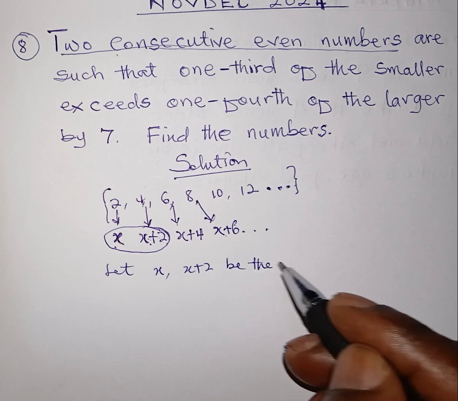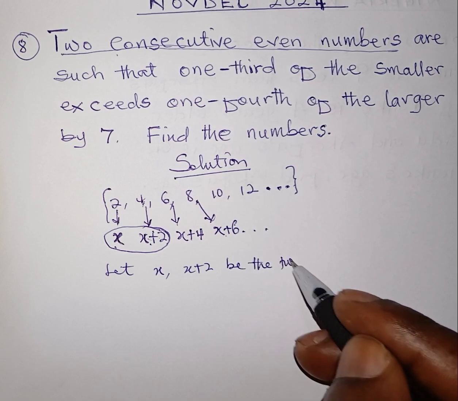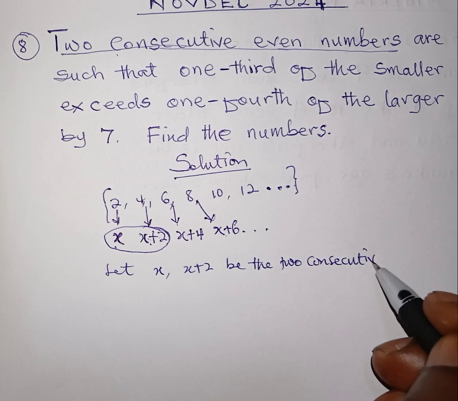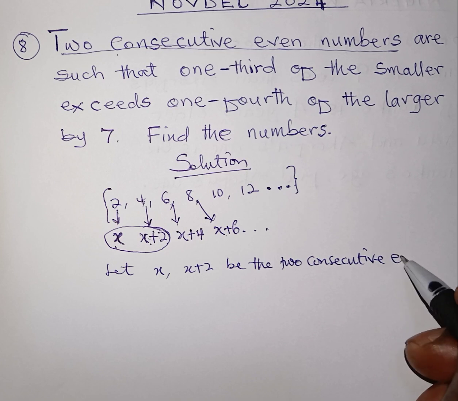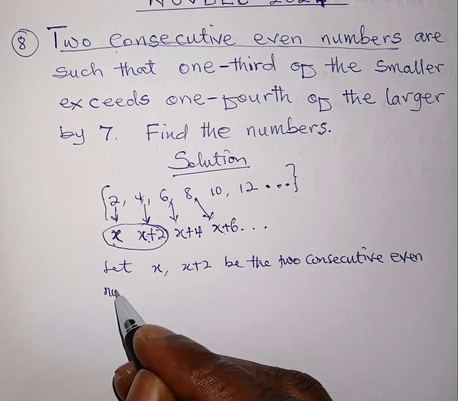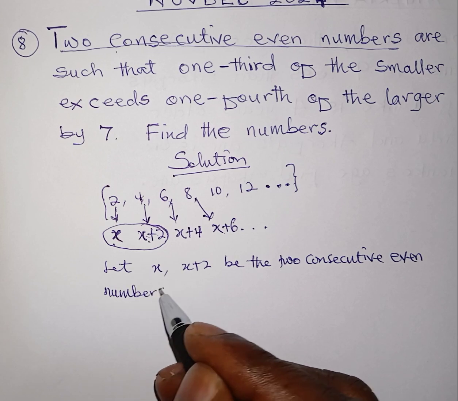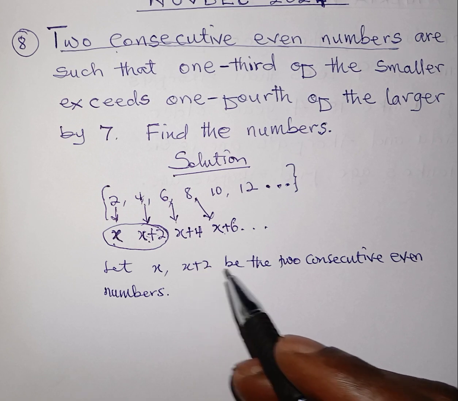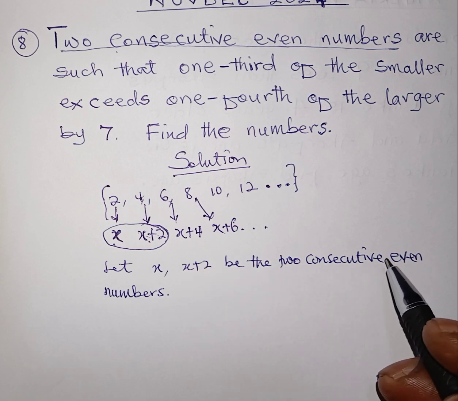The 2. Good. So I will let x and x plus 2 be the 2 consecutive even numbers.